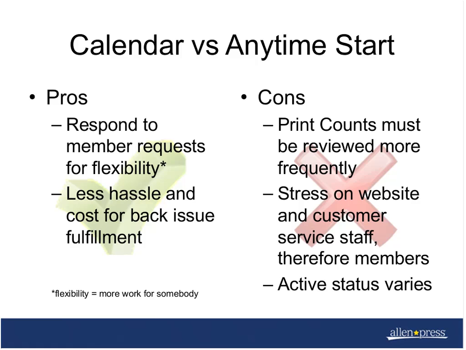If a member renews 2 months early or 4 months late, are they given the same start date they would receive if the customer service team manually processed the payment? If the membership start dates are not coordinated with the journal, is it possible to have active journal subscriptions outside of the membership term?